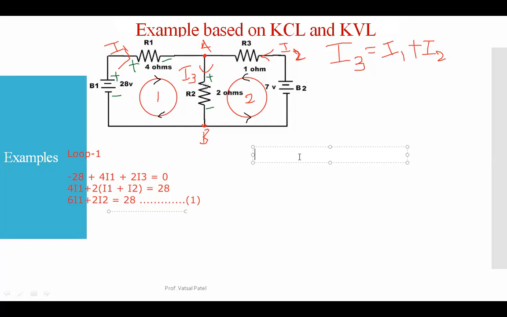Okay, so if we apply the KVL for loop number 2, you can see here it is in the anti-clockwise direction.